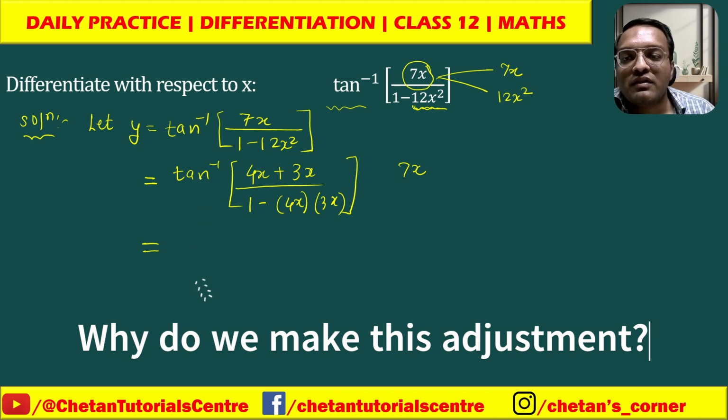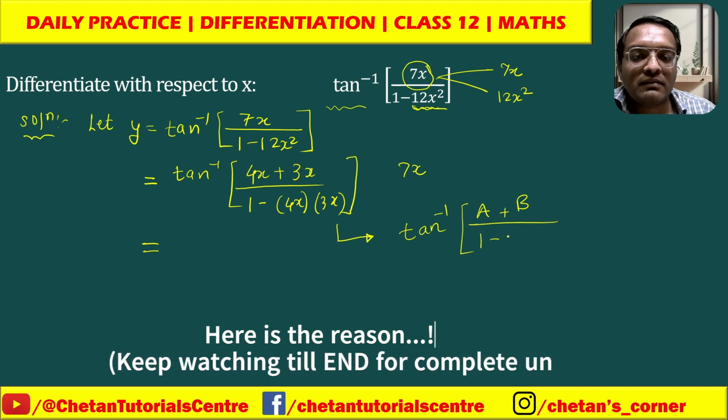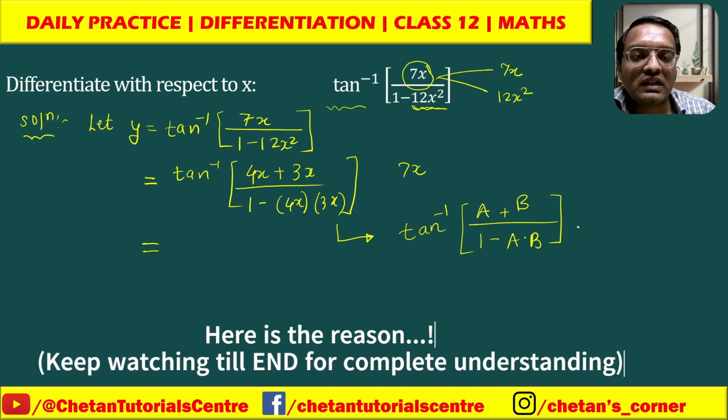Now once we have adjusted the terms, here we can see that this function gets converted in the form of tan inverse of a plus b divided by 1 minus a into b, which is equal to tan inverse of a plus tan inverse of b.